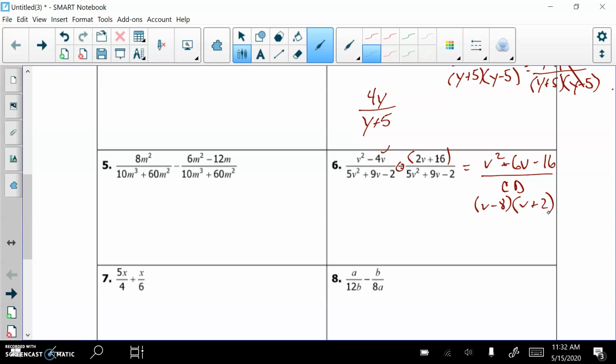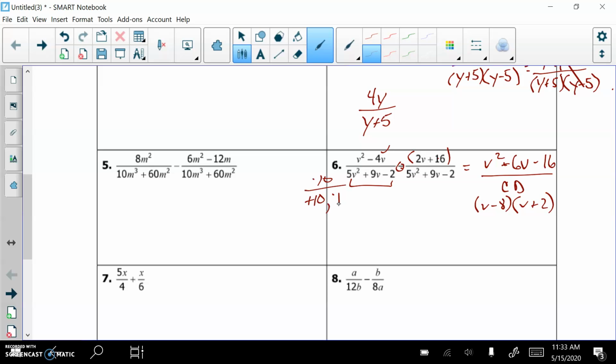So factoring 5v squared plus 9v minus 2. Let's just go ahead and factor it. Y'all might need some review on the old factoring skills. 5 times negative 2 is negative 10. Need a positive 9, so that means plus 10, negative 1. Divide and slide.